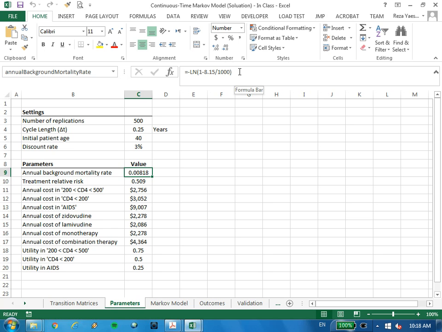What would make it a true estimate for the true value of mortality in the US? If you had like a census and you surveyed every single person. Exactly.